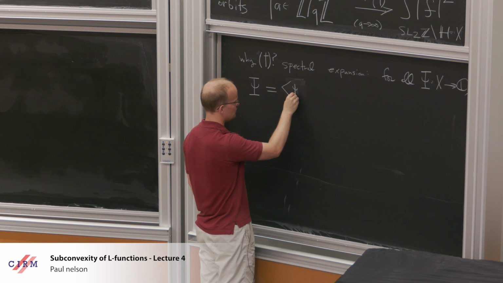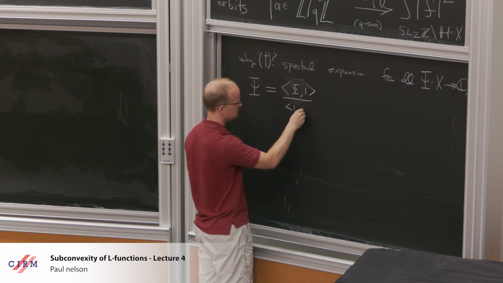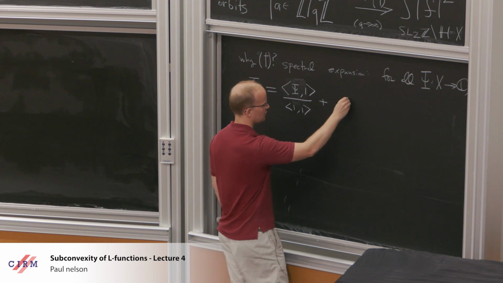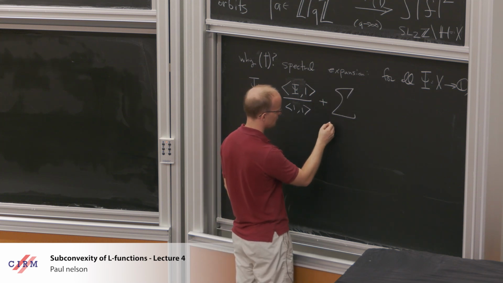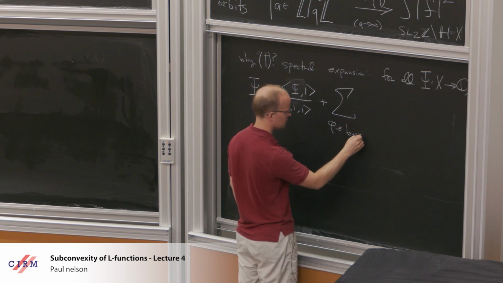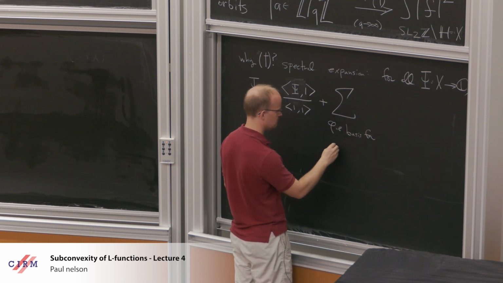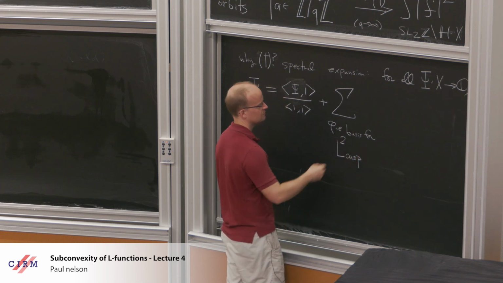So it says what? You have a contribution from the constant function 1, and then you have a contribution from, let's say for each, what letter do I want to use? I want to use psi, but okay, let's say phi. Phi, and let's say a basis for the space of cusp forms.